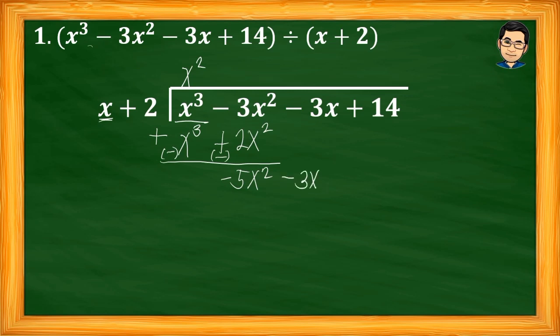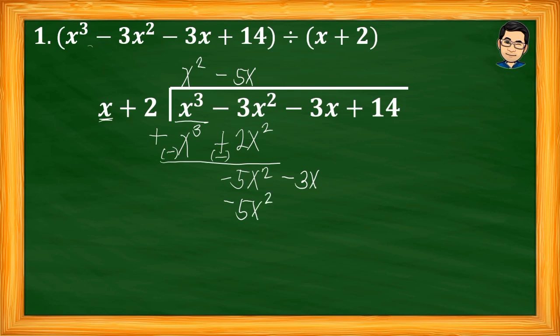Then, same process ulit. Negative 5x squared, i-divide ulit natin sa x. So, that is negative 5x. That is 2 minus 1, kaya x lang. And then, negative 5x, imumultiply ulit natin sa x plus 2. Negative 5x times x, that is negative 5x squared.